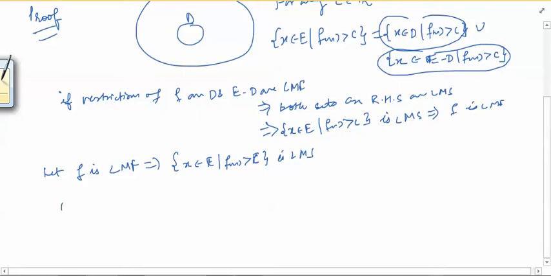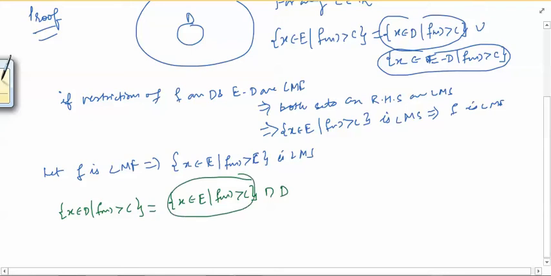Look at this set, x belongs to D such that f of x is greater than C. You can actually write this set as x belongs to E such that f of x is greater than C, intersection with D, right? Now this set is a Lebesgue measurable set because f is a Lebesgue measurable function, and this set D is given to be a Lebesgue measurable set, and we know that the intersection of two Lebesgue measurable sets is a Lebesgue measurable set. So this whole set is a Lebesgue measurable set, which implies that the restriction of f on D is a Lebesgue measurable function.